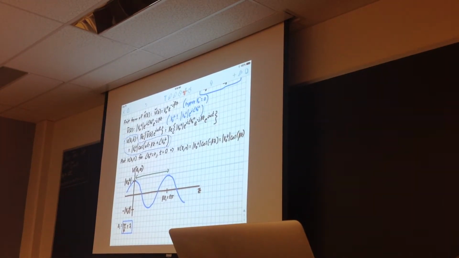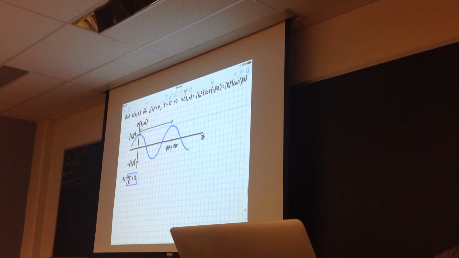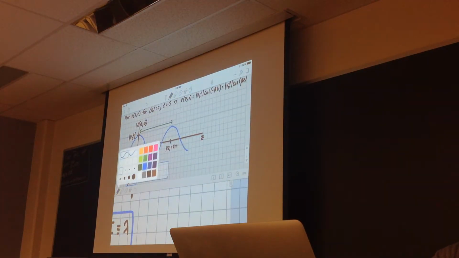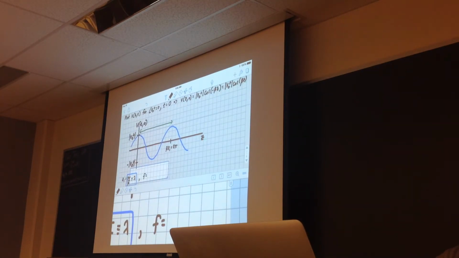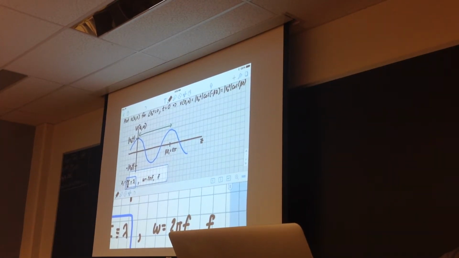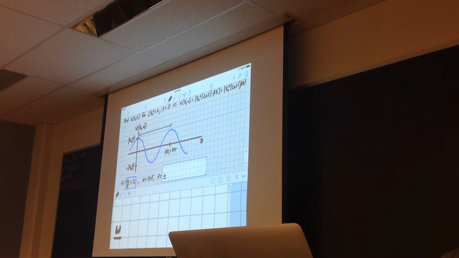Is the frequency changing? The frequency is constant. Okay. Yeah, so the frequency is, well, we know that omega is 2 pi times the frequency, right? So the frequency is omega divided by 2 pi.